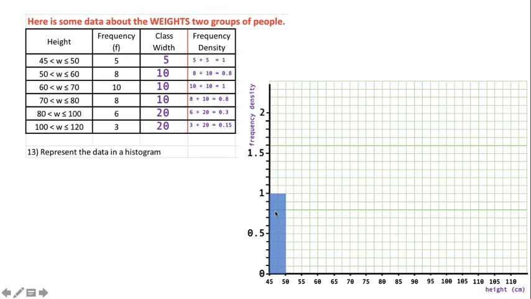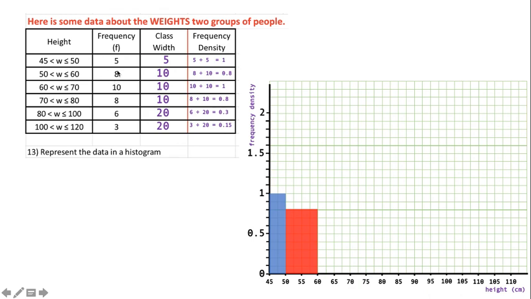So the next one, it's a wider bar because it's a wider category. The height of the bar is 0.8 on the scale of frequency density here. And the area of the bar is 8 units. So even though the red bar looks lower than the blue bar, it's representing more people.